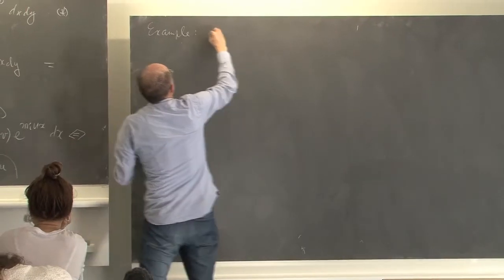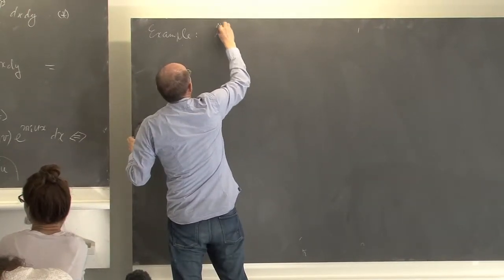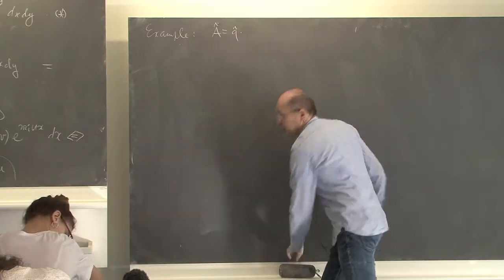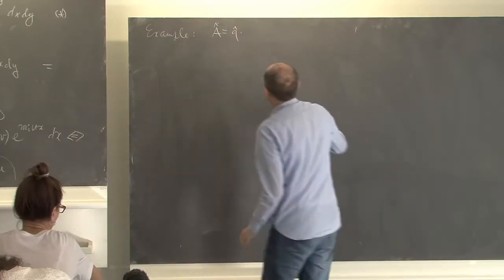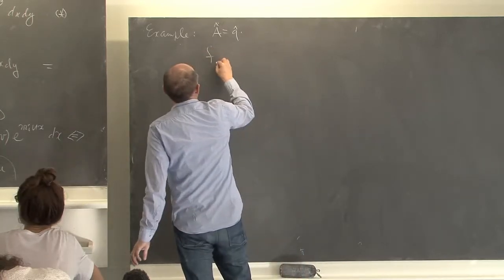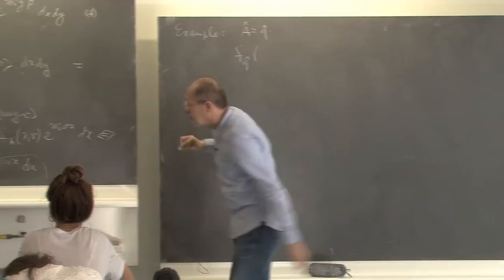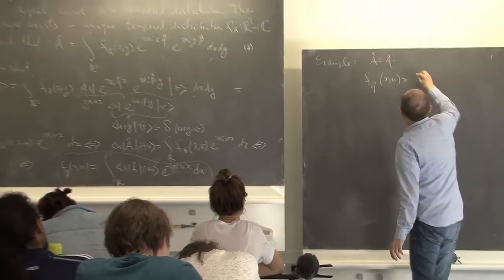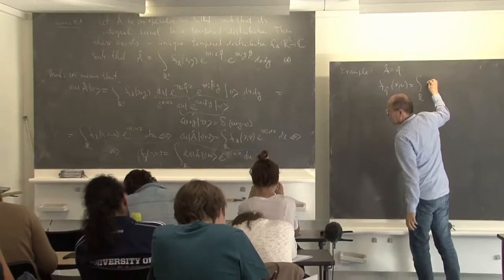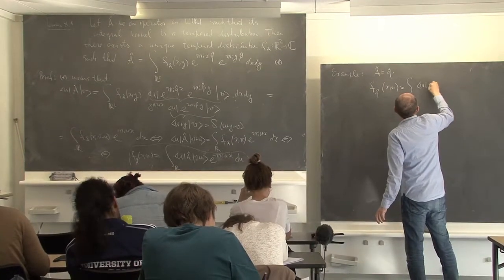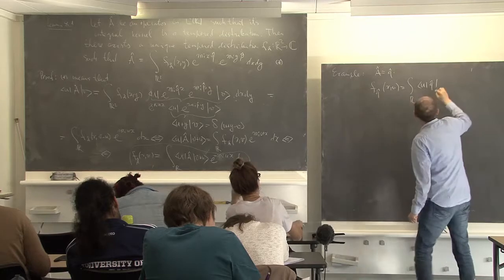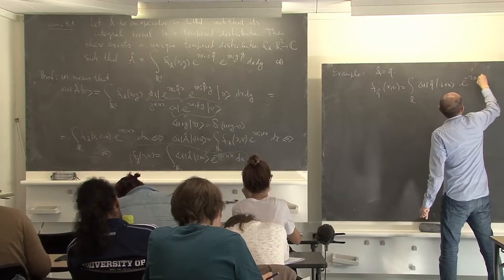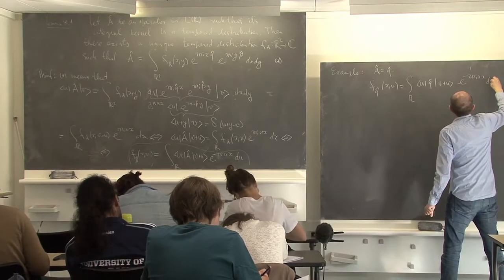Example: let us take a hat to be the operator Q. So what is the function f sub Q of x, v? It is the integral, where we have the kernel u, Q hat, v plus u, e^{-2πi u x} du.